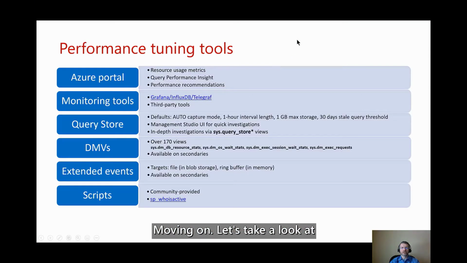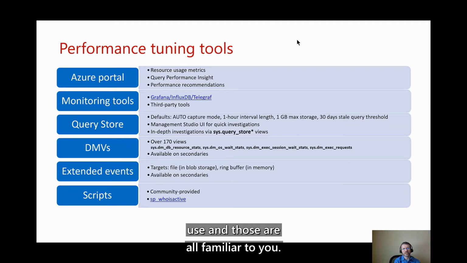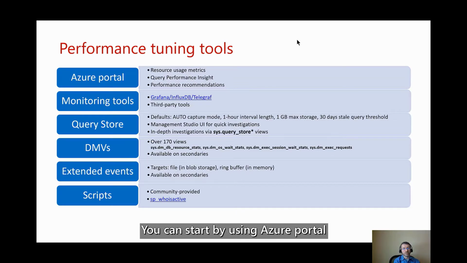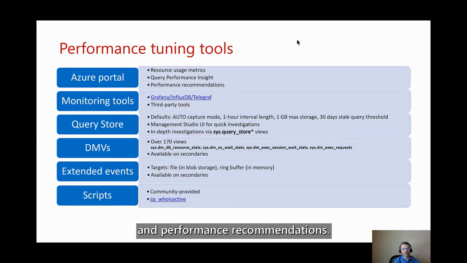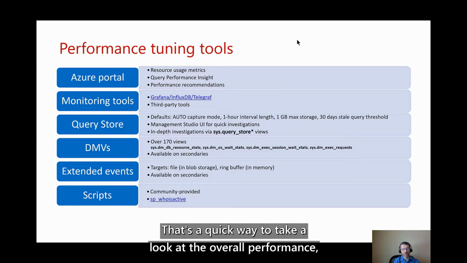Moving on, let's take a look at some performance tuning tools that you can use, and those are all familiar to you. There is really nothing dramatically new here. You can start by using Azure Portal, and we expose some usage metrics. There are some query performance insights, performance recommendations, so that's a quick way to take a look at the overall performance.